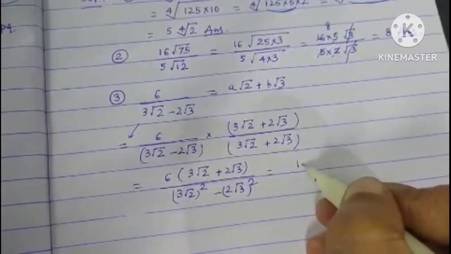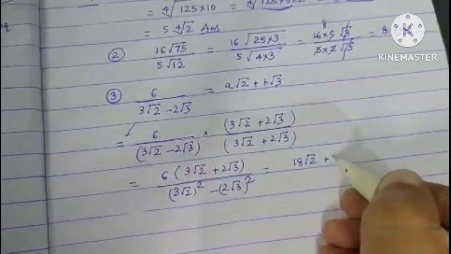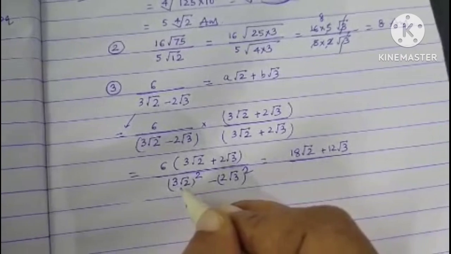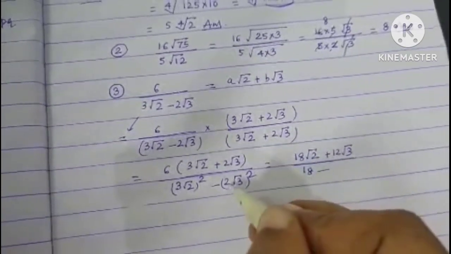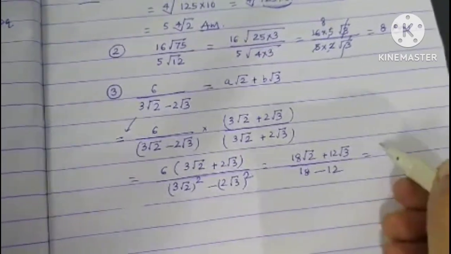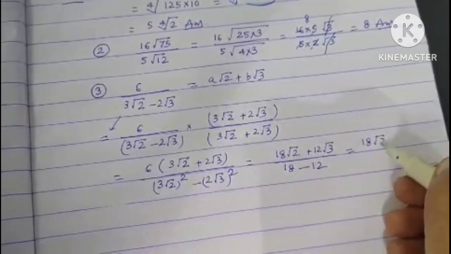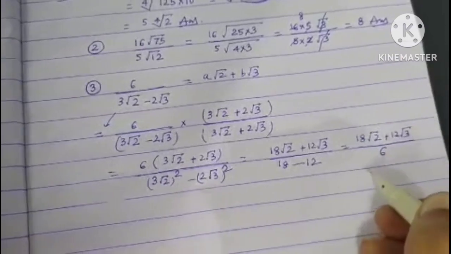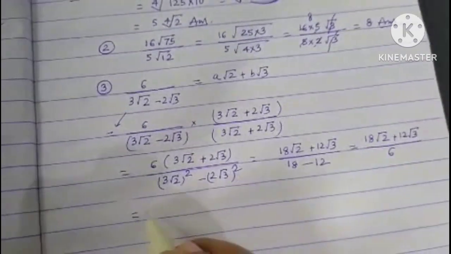That will be equal to 18 root 2 plus 12 root 3. Okay, and here 3 square is 9, 2 nines are 18, minus 2 square is 4, 3 fours are 12. That is equal to 18 root 2 plus 12 root 3 divided by 6. You can take out 6 from the numerator also.